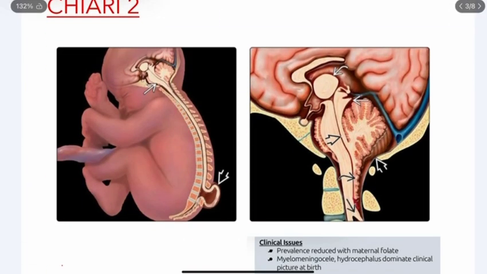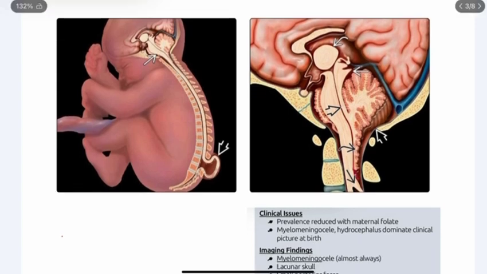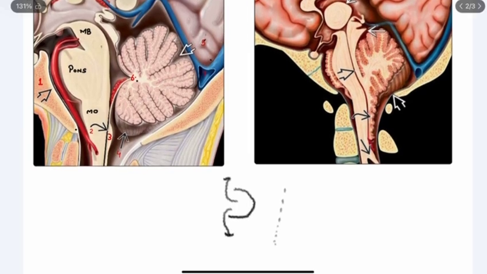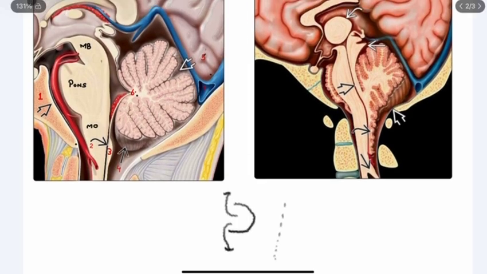Now we will study Chiari type 2 malformation. Myelomeningocele is almost always associated with Chiari type 2 malformation. Basically, myelomeningocele and hydrocephalus dominate the clinical picture at birth. Now we will study the other findings in Chiari type 2 by comparing it with the normal image. Here we can see that the basic pathology lies in a small and shallow posterior fossa.